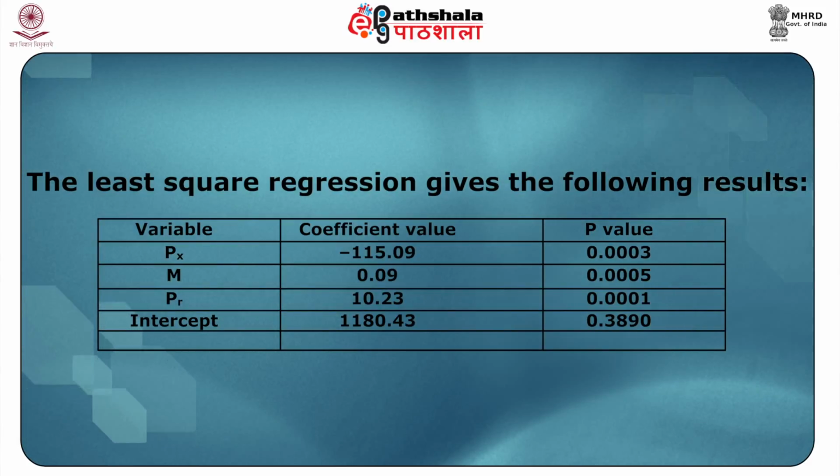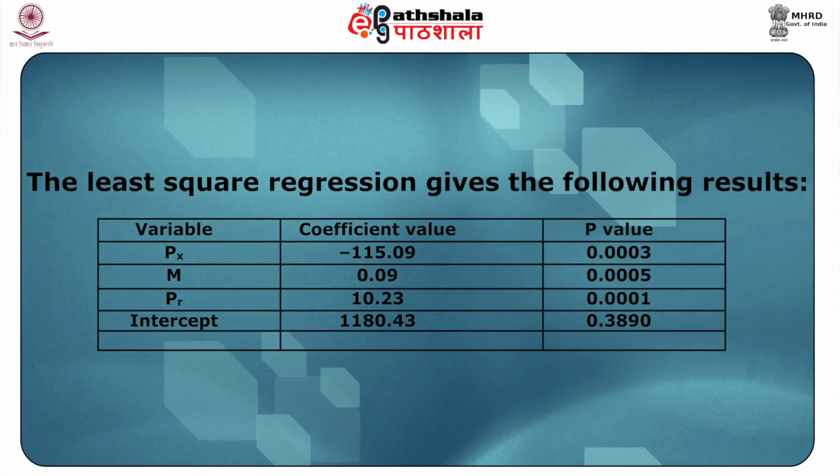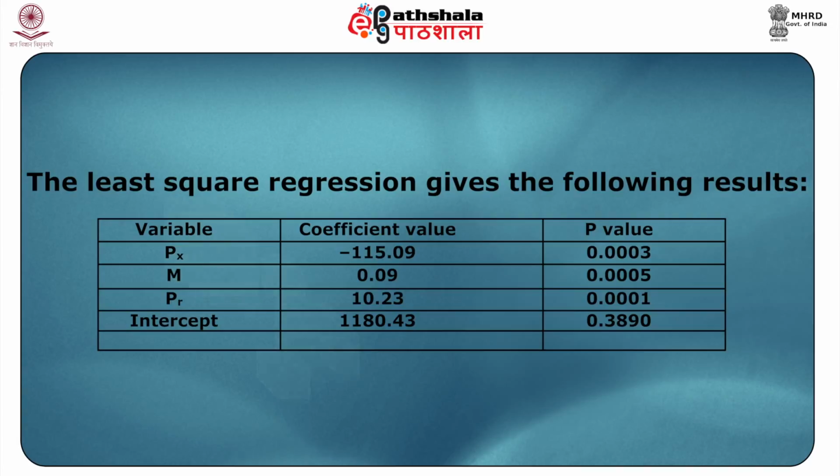Elasticities are calculated at values of Px, M and PR that the manager feels typify the burger market for the last 12 months. The values are Px is equal to 9, M is equal to 20,000, PR is equal to 10.